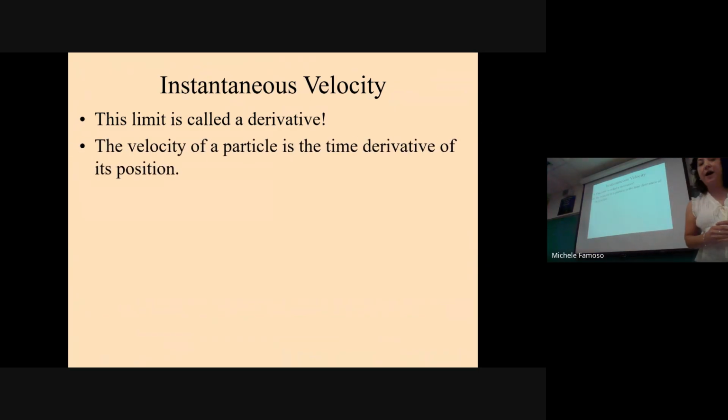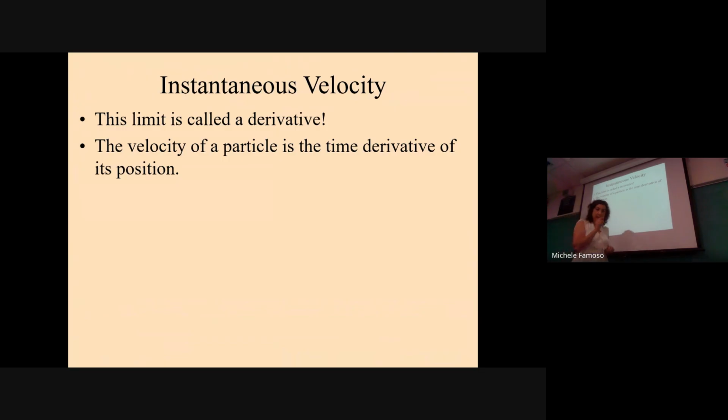So if we want to find an instantaneous velocity, and I know my position function, the position is a function of time, I just do the derivative of that expression. And then I evaluate it at whatever time I want to know the velocity at. Okay?